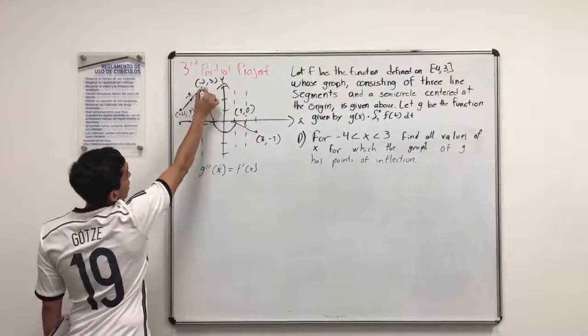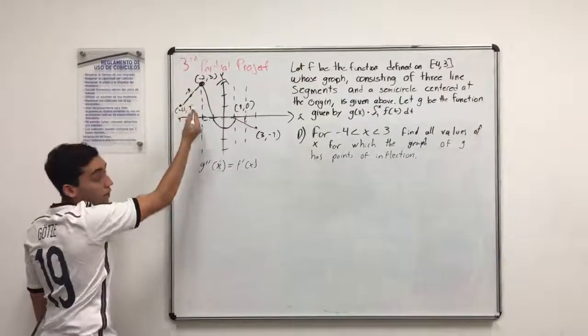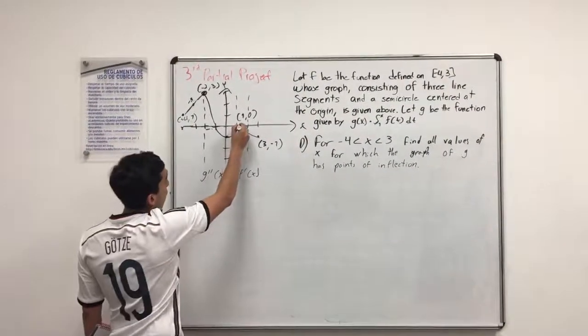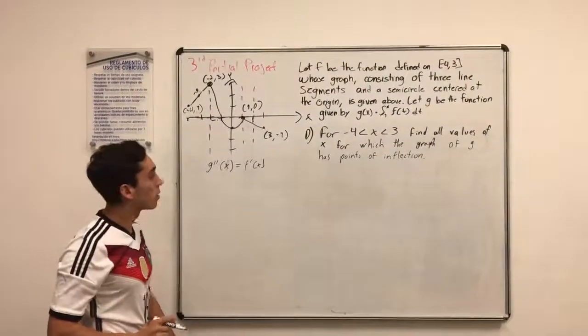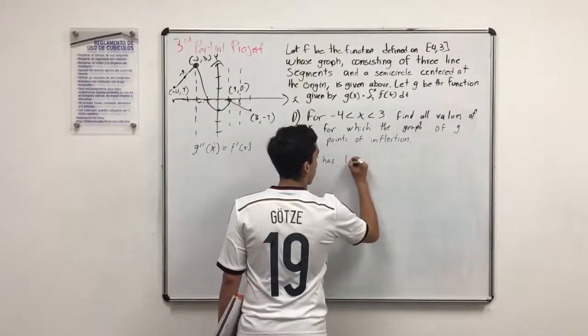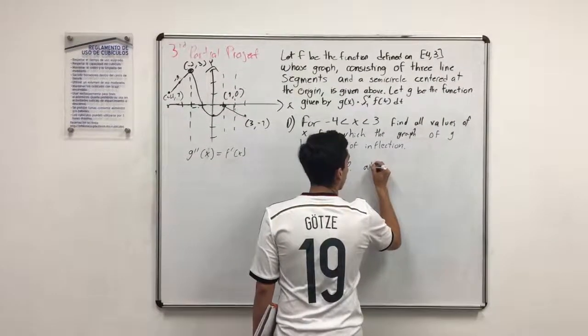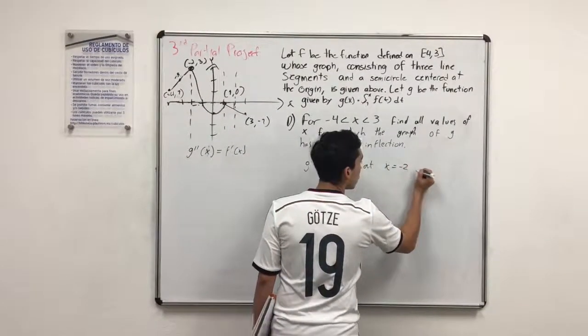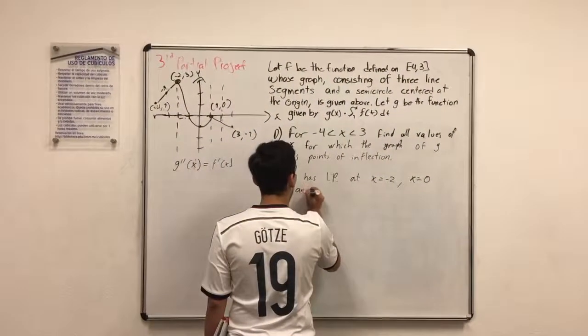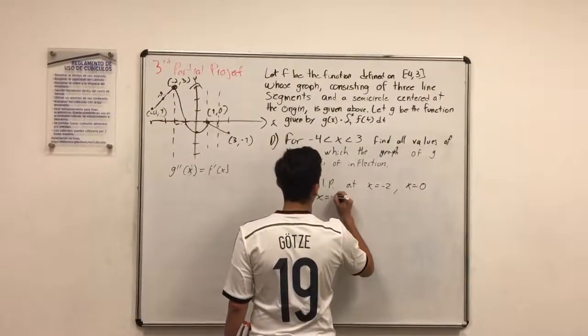As we can see, at this point they change concavity, at this point they change concavity, and at this point they also change concavity. So we can conclude that g has inflection points at x equal -2, x equal 0, and x equal 1.